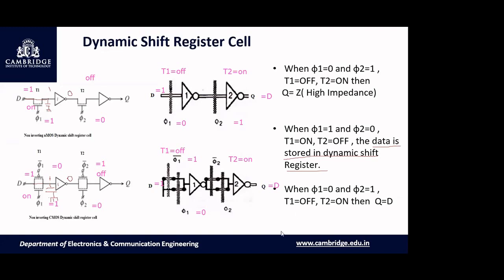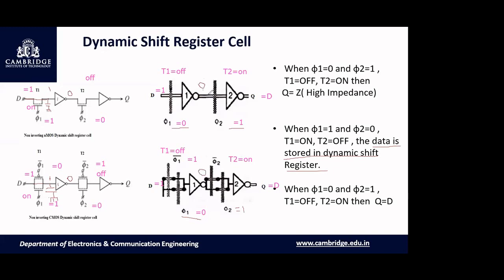So here in the last case, we had applied phi 1 is equal to 0, phi 2 is equal to 1. Whatever data you had here at the output of the first inverter will be passed.